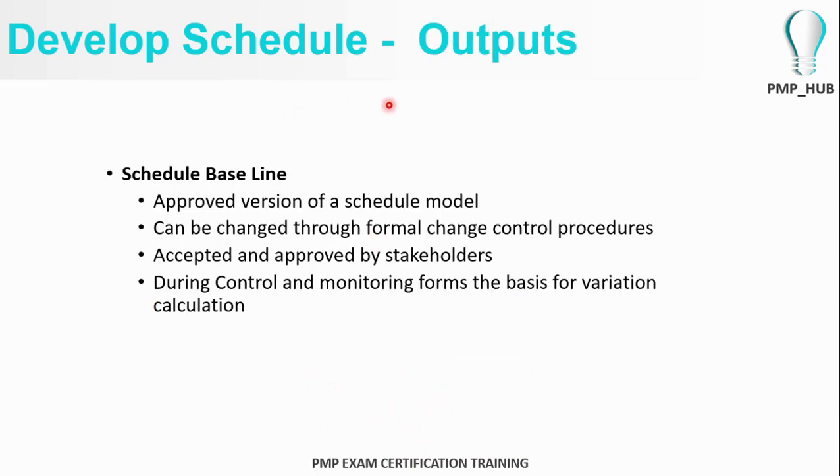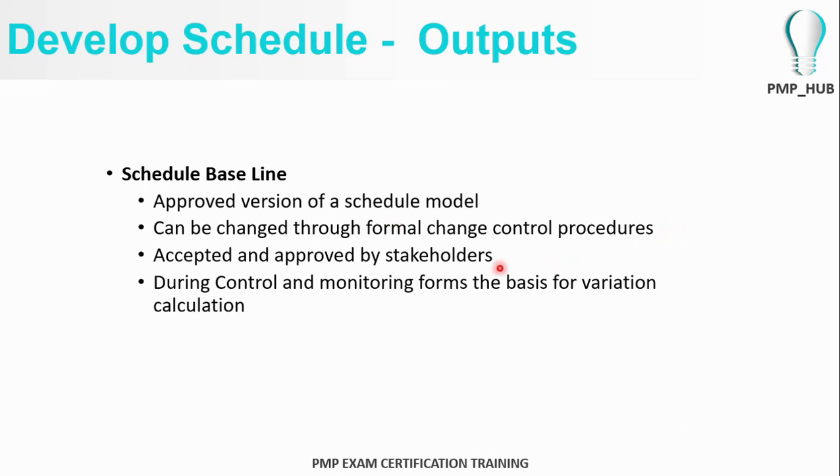The output of schedule development will obviously be the schedule baseline, which is your project schedule. It is the approved version of the schedule model, and any changes to the baseline should be done under change control procedures. You can refer to my previous videos on integrated change control procedures.